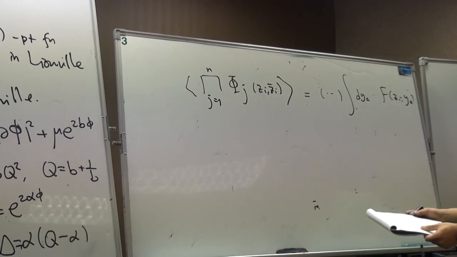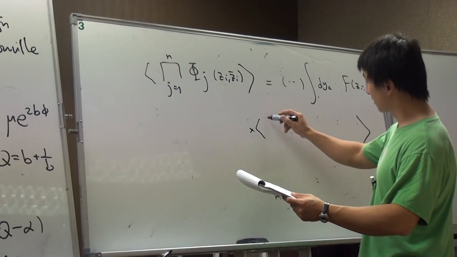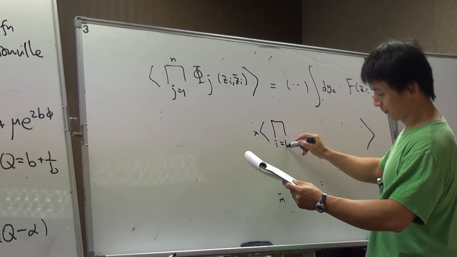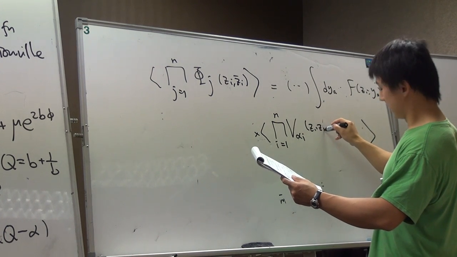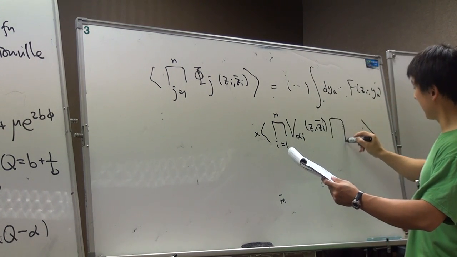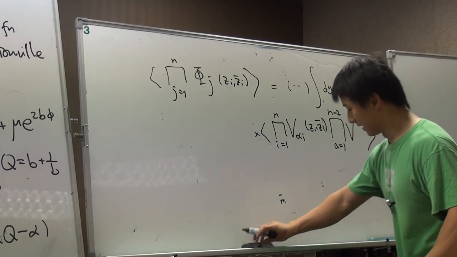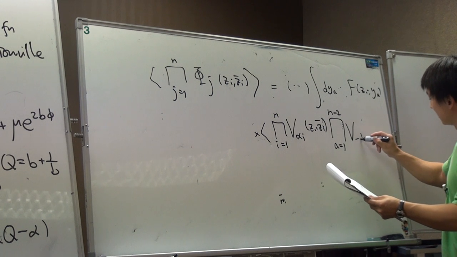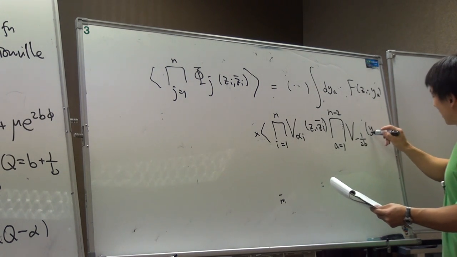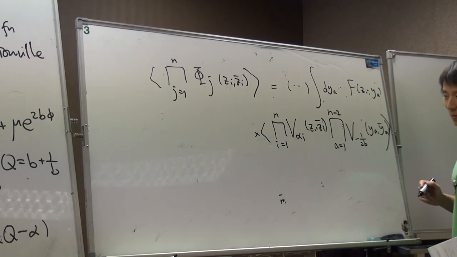I won't write down all of this expression. Times now the 2n minus 2 point function in the Liouville theory, which is product i from 1 to n, V alpha_i at the position z_i, and a from 1 to n minus 2, V minus 1 over 2b at y_a, y_a bar. So this is a 2n minus 2 point correlator.